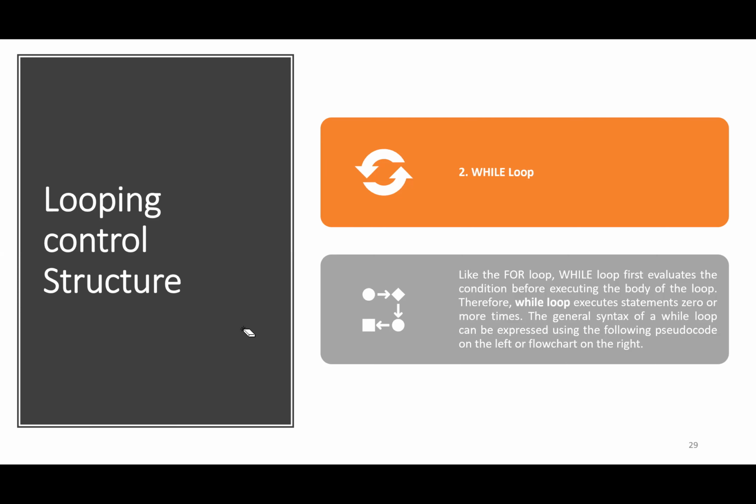The for loop evaluates the condition before executing the body of the loop, the same as a while loop. Also, the while loop evaluates the condition before executing the body of the loop. Therefore, a while loop executes the statement 0 or more times, which means if the condition fails the first time, the body of the loop will execute 0 times.